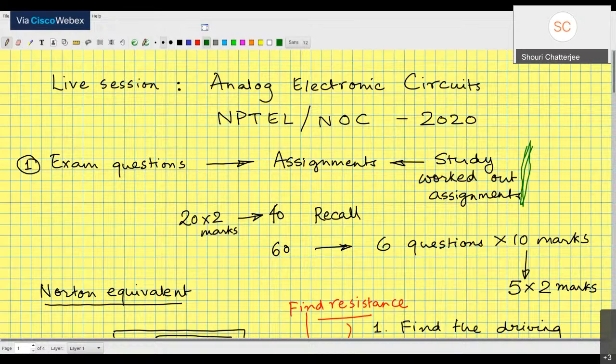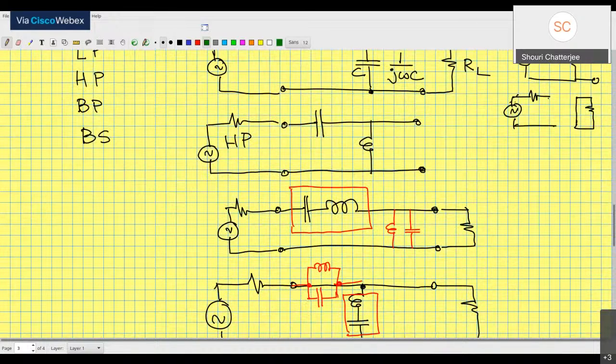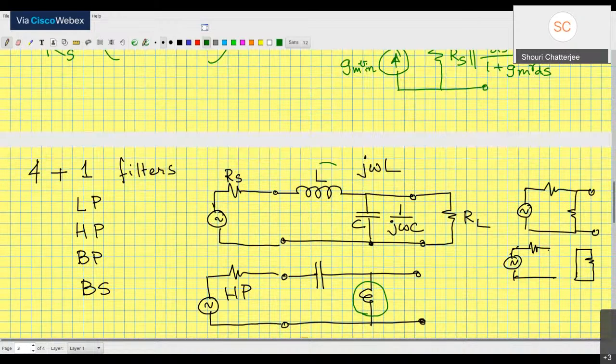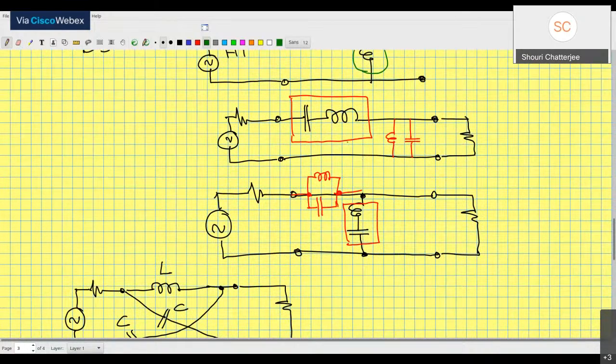What changes from passive filters to active filters? The biggest change is that the inductor is not a favorable component. You can make all these passive filters, but the inductor never makes us happy.